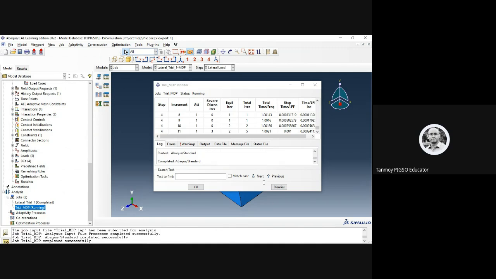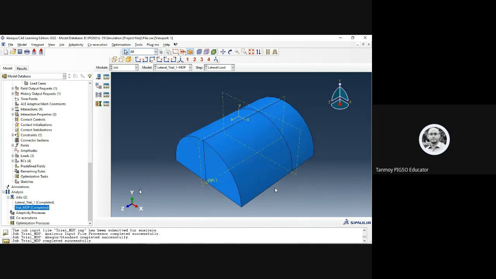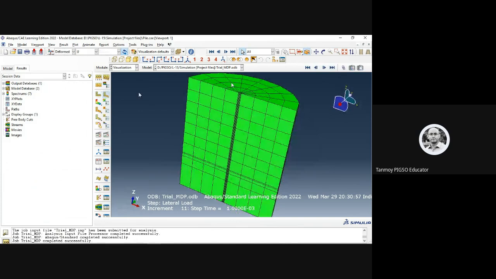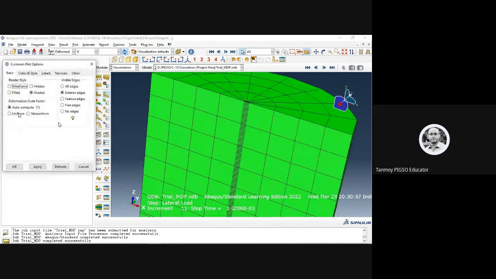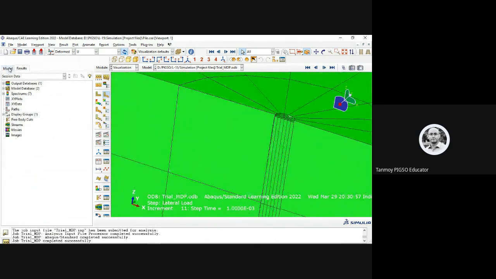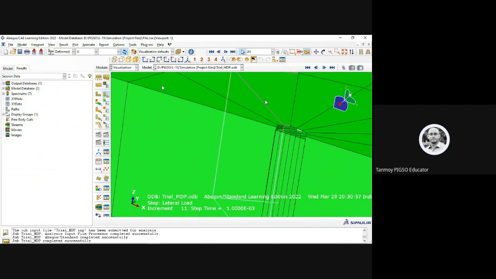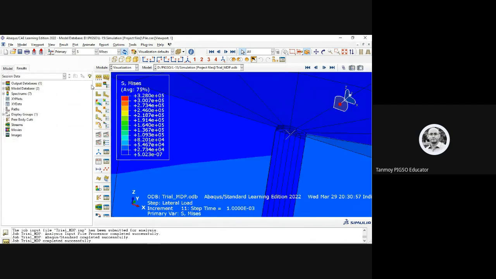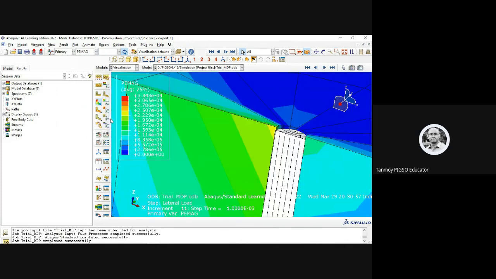All right, so this has completed. We can see the results. The load that we have applied was very small. From there we can determine the load deformation, or you can also see the plastic strain.